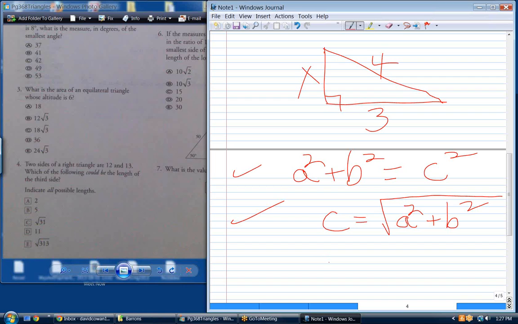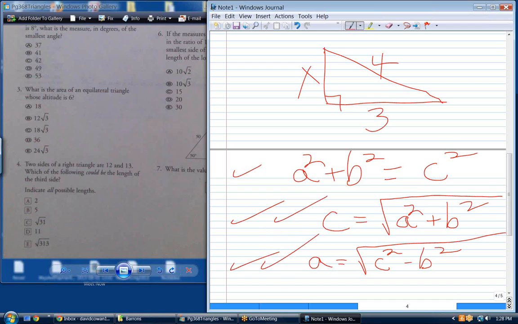If you're solving for A, what is A equal to? The square root of B. Oh, C squared minus B. These are the two you want to memorize, because you're constantly going to have to solve for either a hypotenuse or one side.